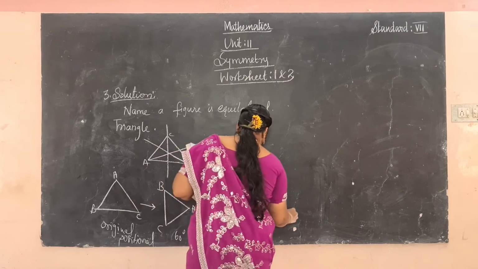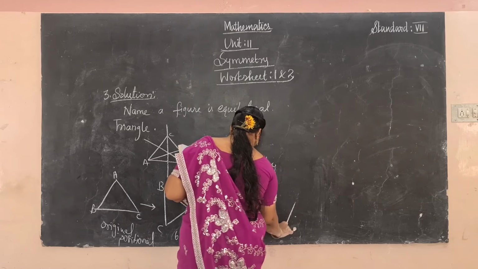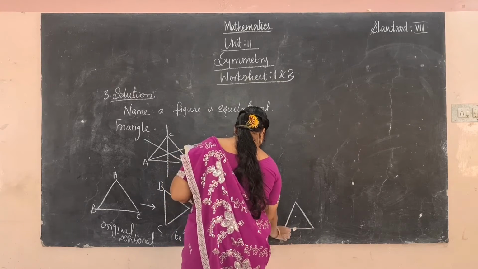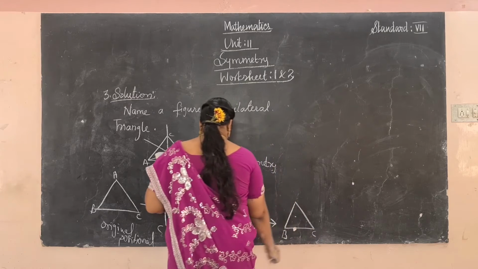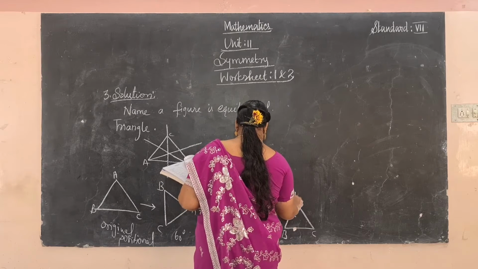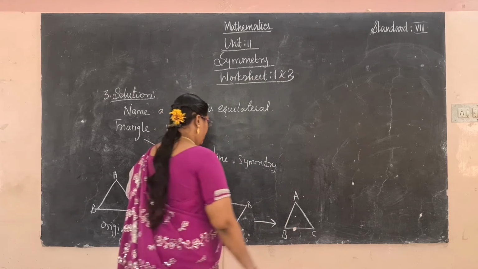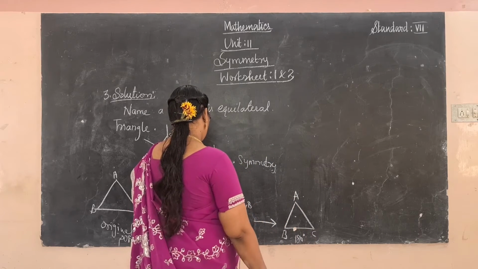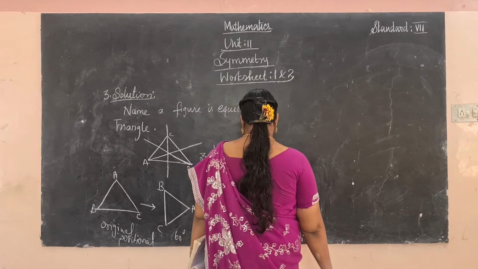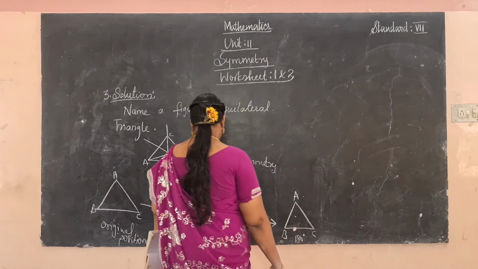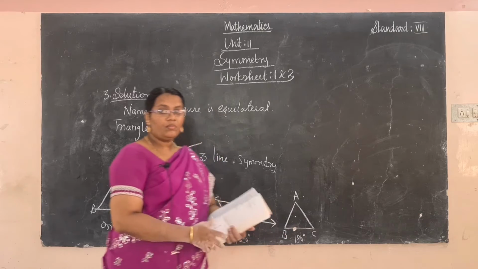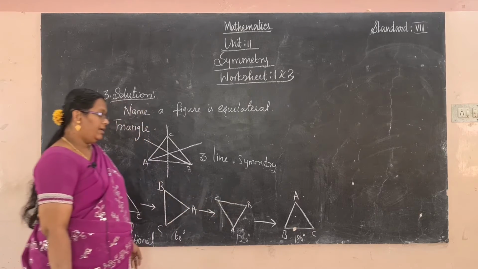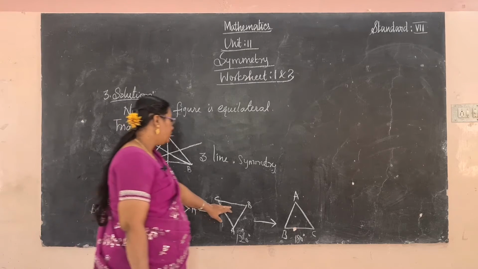Each one is a turn. So the order of rotation is 1, 2, 3.